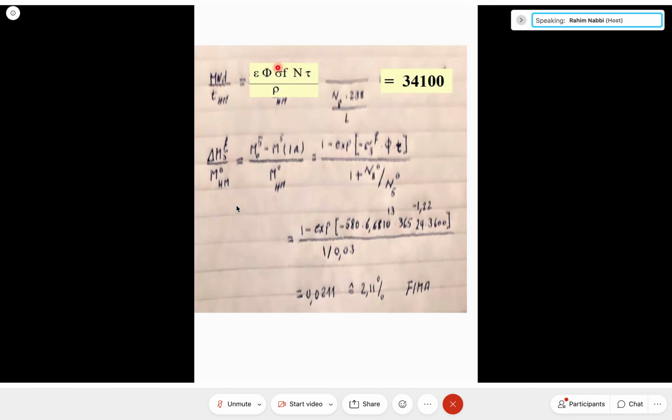These three terms give the number of fissions per cubic centimeter per second. Multiplied by 1 year, it would be the whole number of fissions in 1 year. And in every fission, we produce epsilon energy, 200 MeV. That would be the total energy we produce during a 1 year cycle in 1 cubic centimeter.